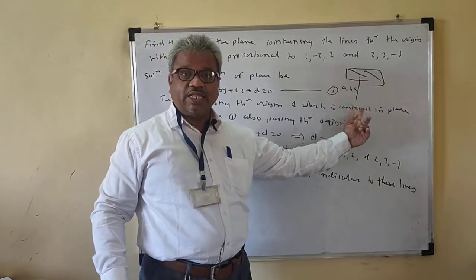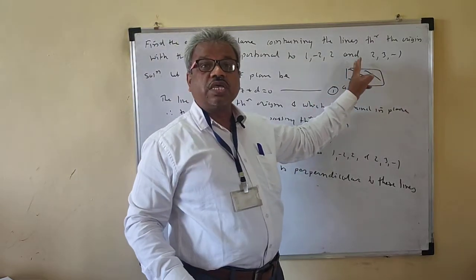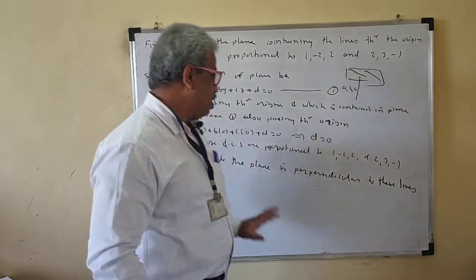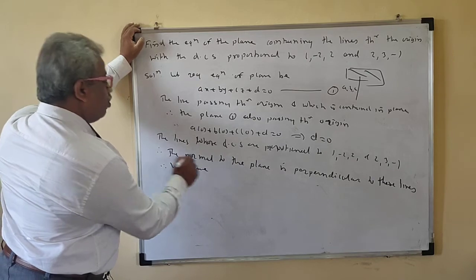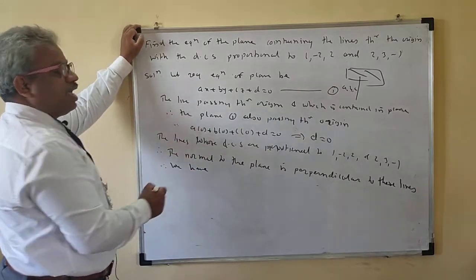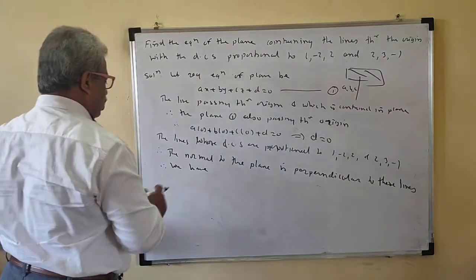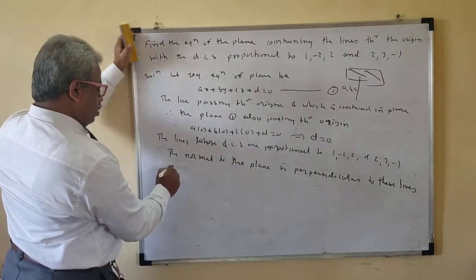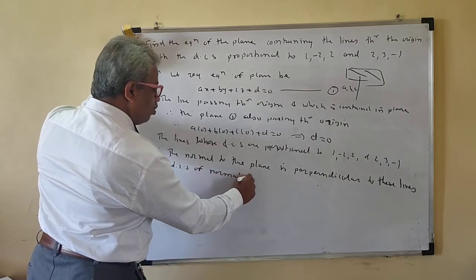That means if a line is perpendicular to the plane, then the line is perpendicular to each line of the plane. Therefore we have A, B, C as the DRs of the normal to the plane.